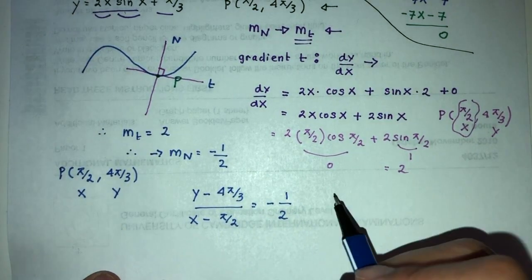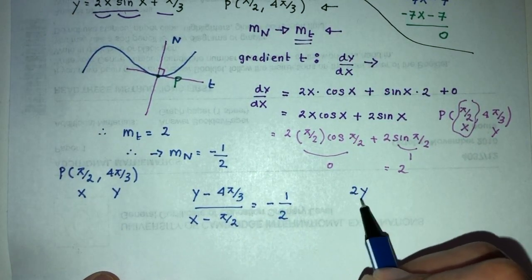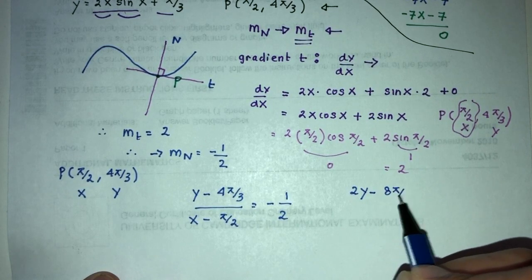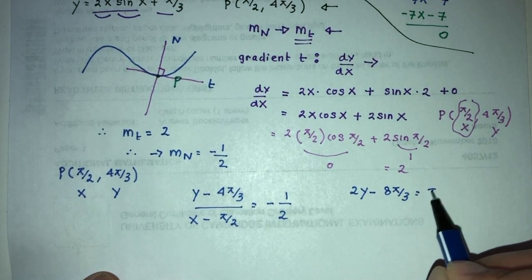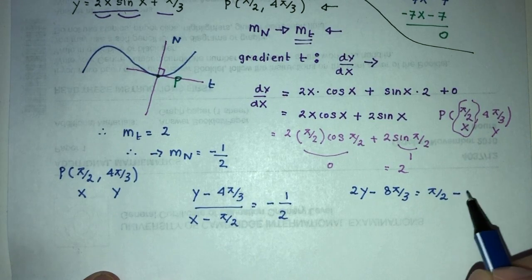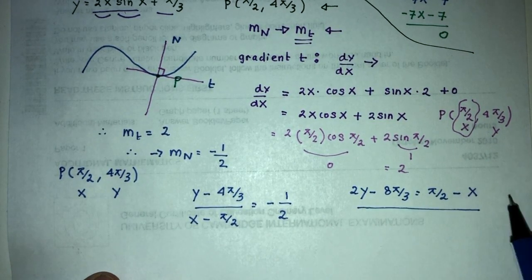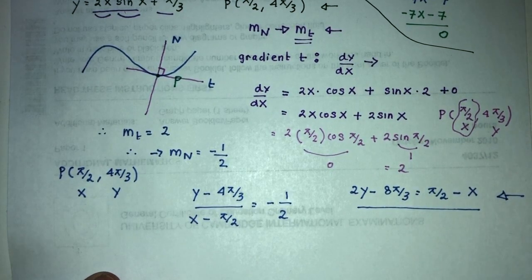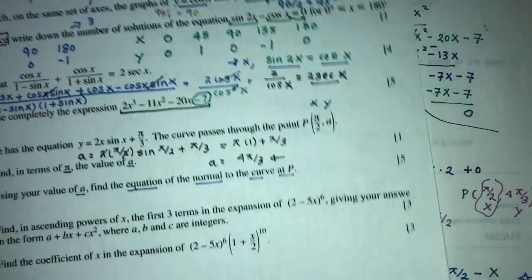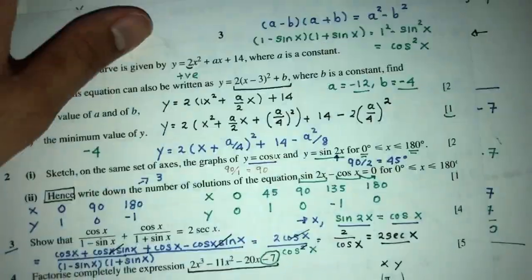Now you just have to cross multiply. You will have 2y minus 8 pi over 3 is equal to pi over 2 minus x. Now you have to simplify, and then this is your equation of your normal for question number 5. Okay.